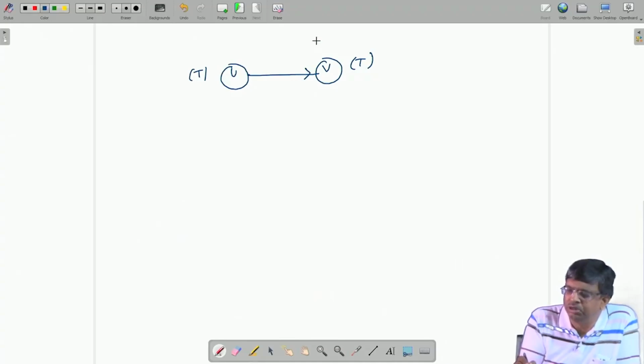Now, suppose I choose the retiming value R of V as 1 here, 0 here. So the new value will be original 0 plus 1 minus 0, so it will be 1. So a 1D delay will come up. This is now pipelined, because in one cycle it does the job in t amount of time.